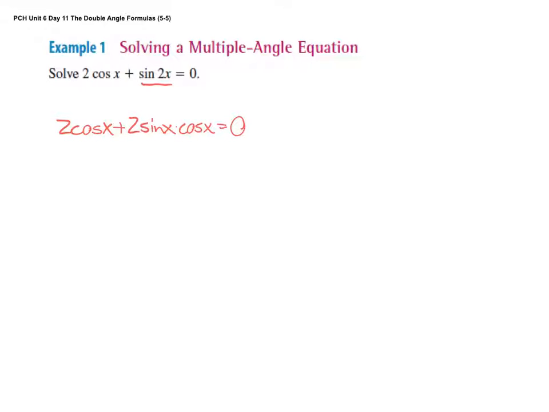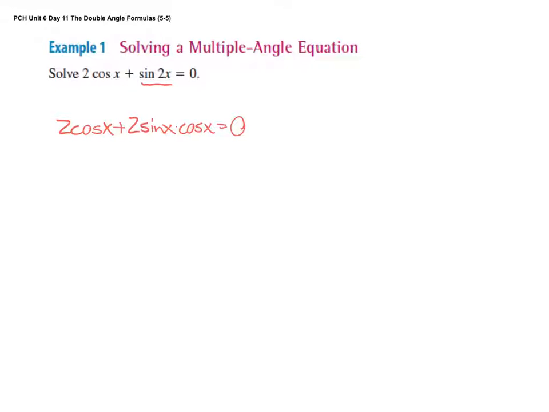Now notice our equation only has x's in the trig functions now. We're just using that identity that we just derived, 2 sine x cosine x. At this point, we're right back to the types of equations we've been solving.